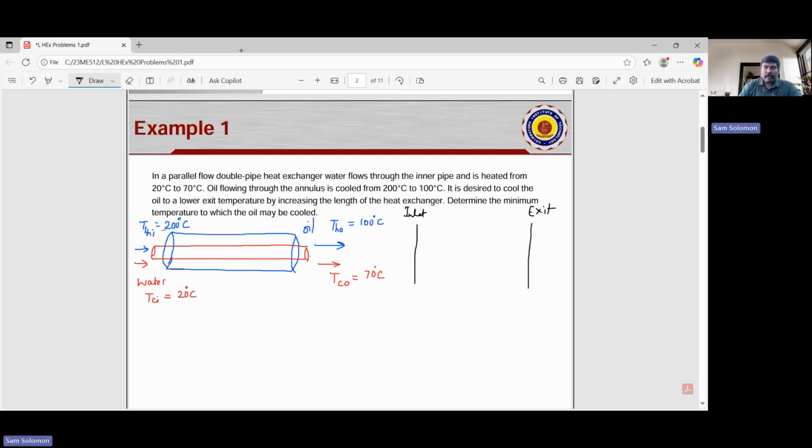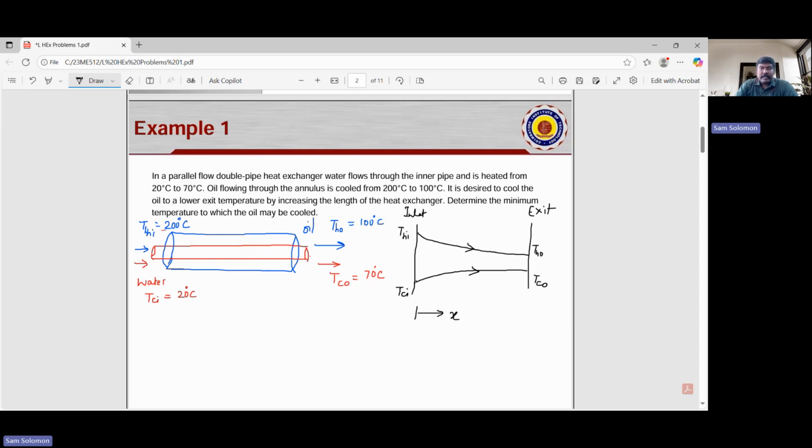The hot fluid loses heat, so it moves from THI to THO. And your cold fluid gains heat, so it moves from TCI to TCO. And the direction is the same. So in the increasing x direction, both fluids flow in the same direction towards the right. This is how a parallel flow heat exchanger works.